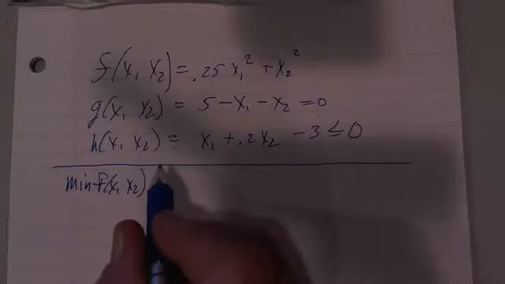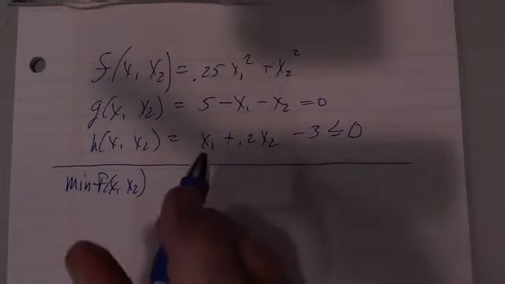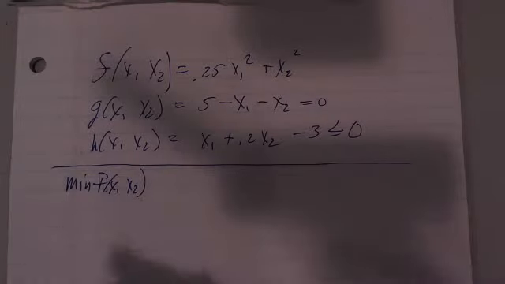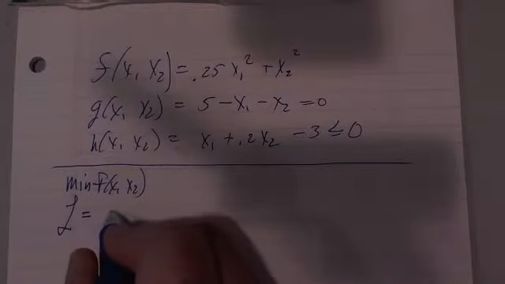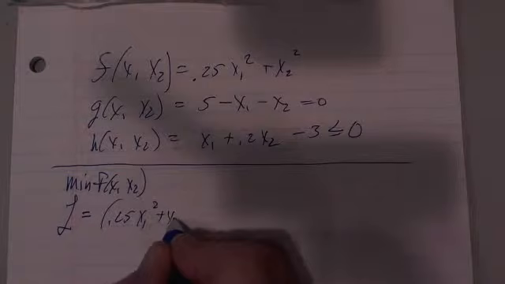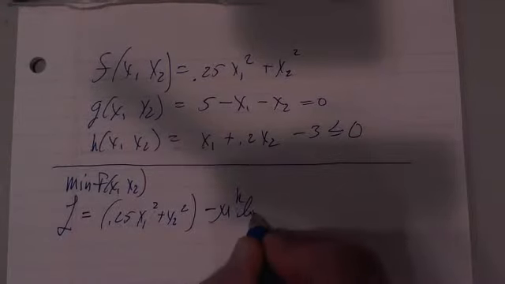I'm gonna drop the equality constraint and solve. I did this in the book, but in any event, we set this up and say, here's our Lagrangian function: 0.25 x1 squared plus x2 squared minus mu to the k ln.